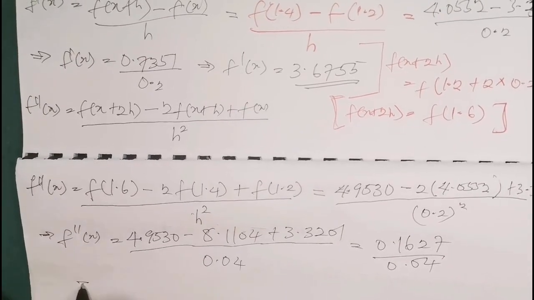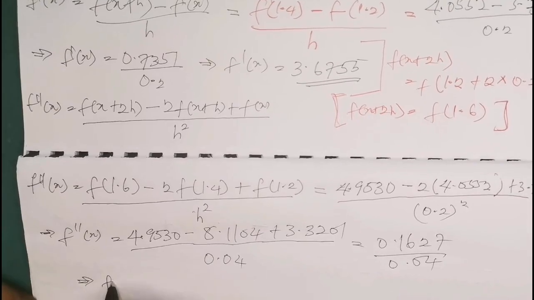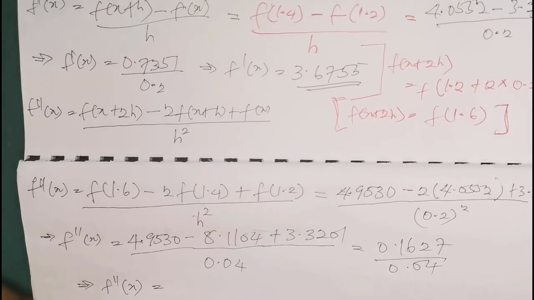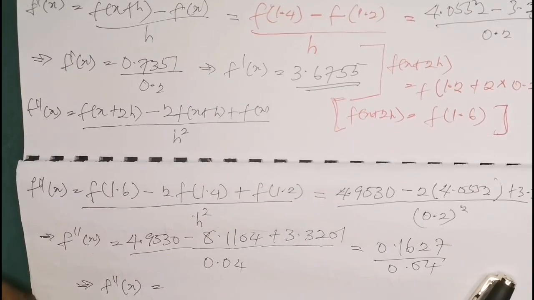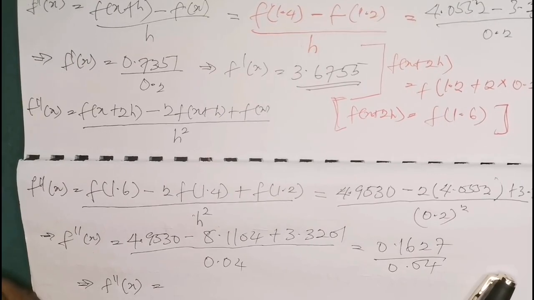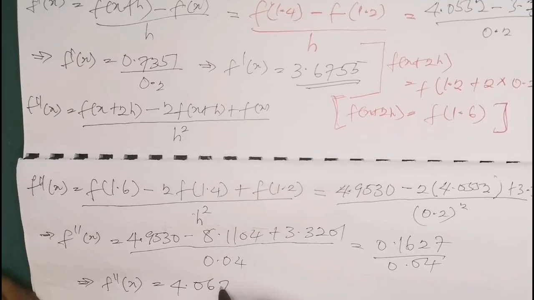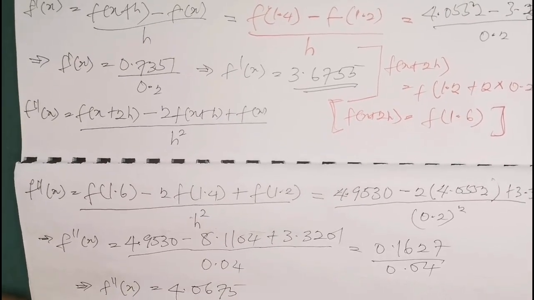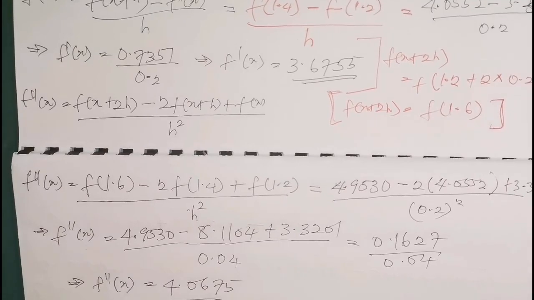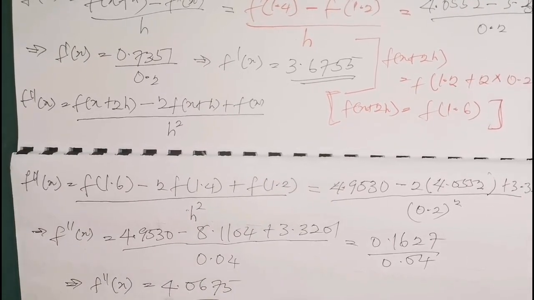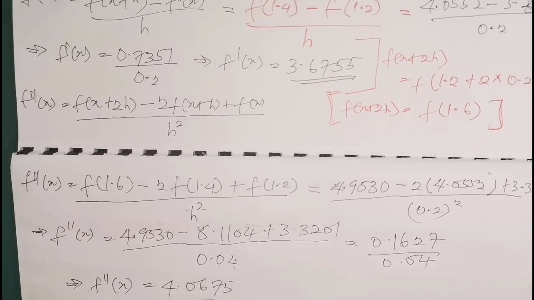So this simply implies that the double derivative f prime prime of x is going to be equal to, divide this answer by 0.04. That gives us approximately 4.0675. Okay. So this becomes the approximate value of the double derivative of that function.